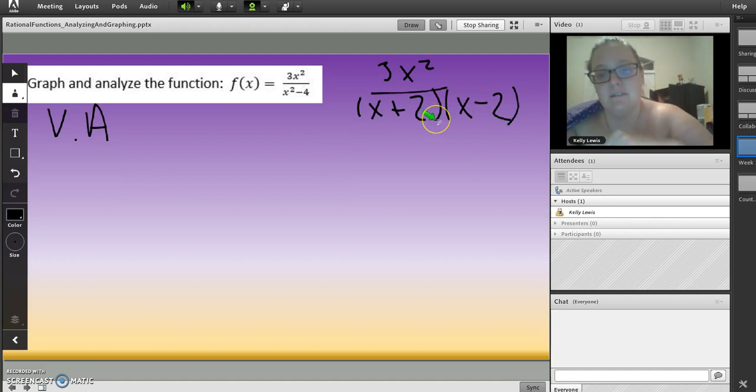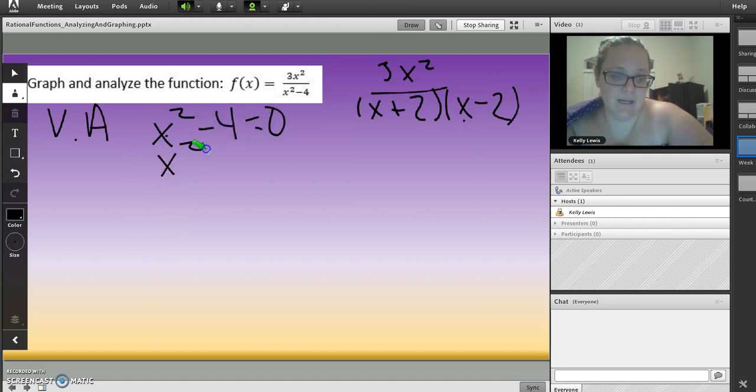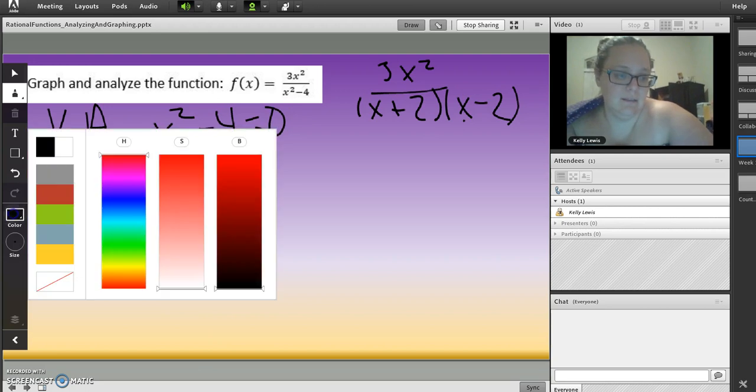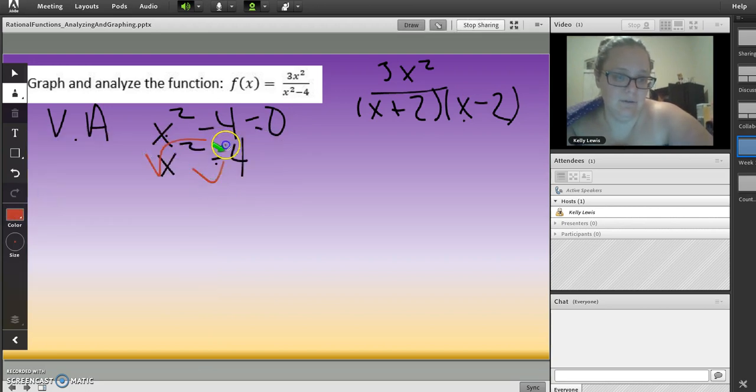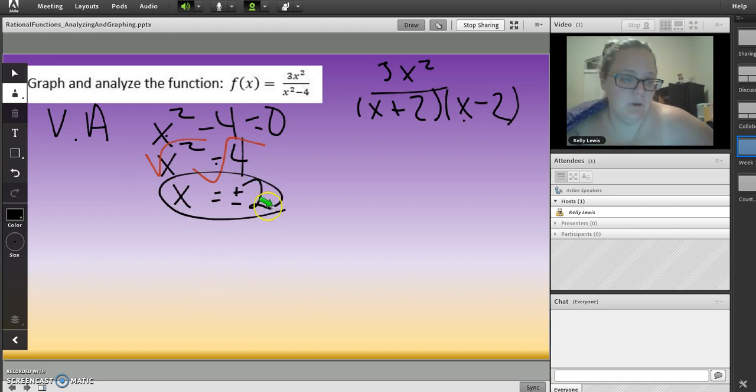We can either set x plus 2 and x minus 2 each equal to 0 and solve, or we could say x squared minus 4 equals 0. Add 4 to both sides, then take the square root. The square root of 4 is 2, and you write plus or minus. And so the vertical asymptotes are x equals 2 and x equals negative 2.